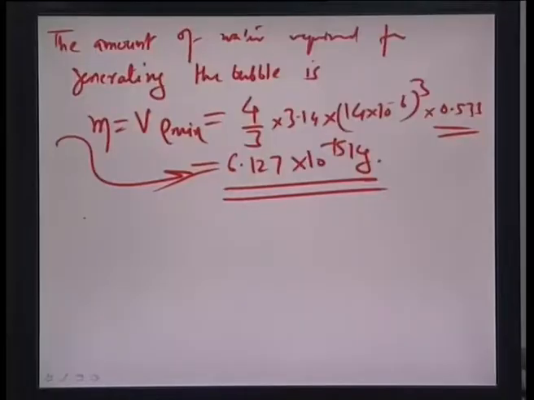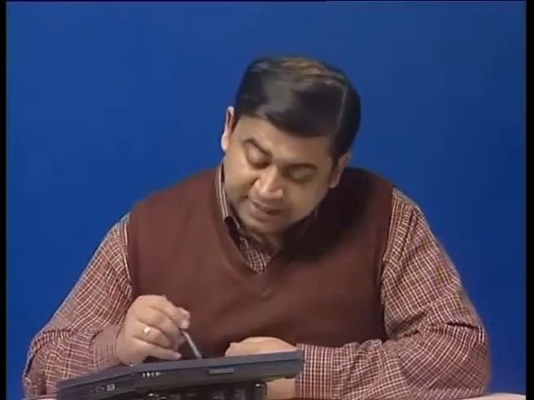Okay. So with this it is convenient to assume in terms of number of moles how many moles of water would be needed of so many kgs of water that has been generated here to be electrolyzed for creating the bubble.